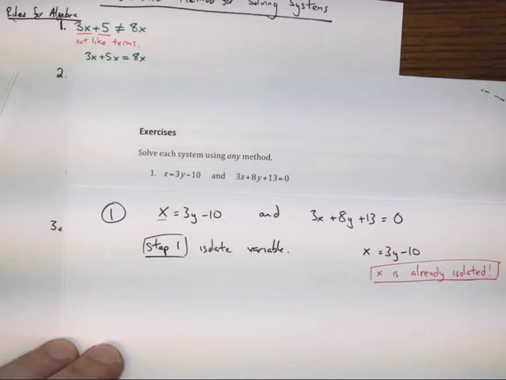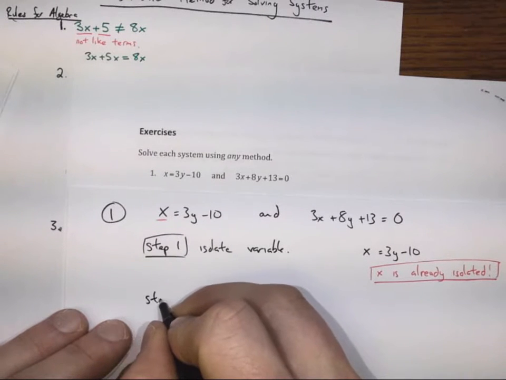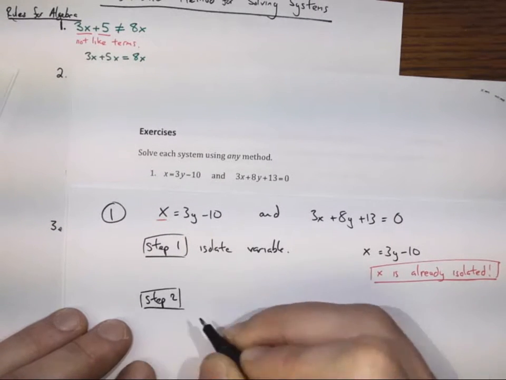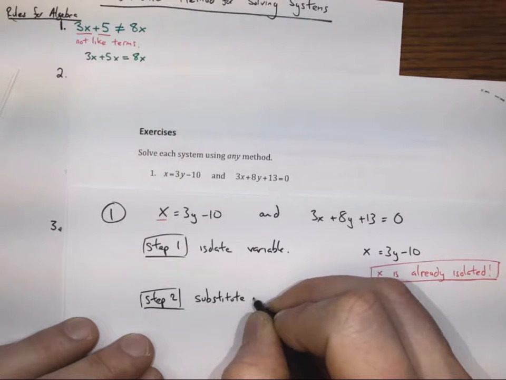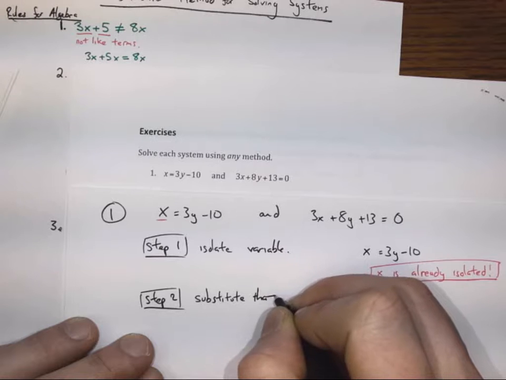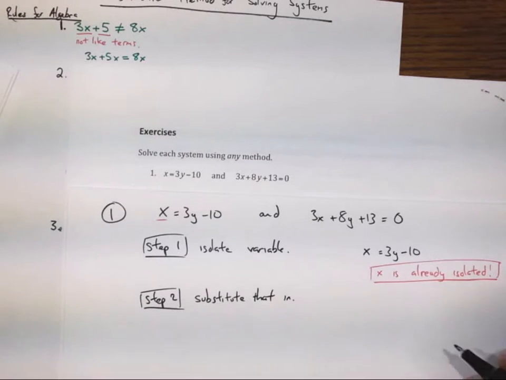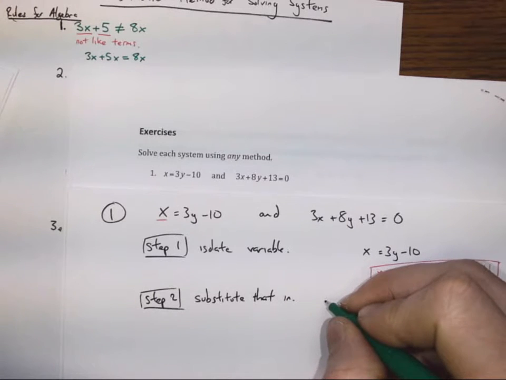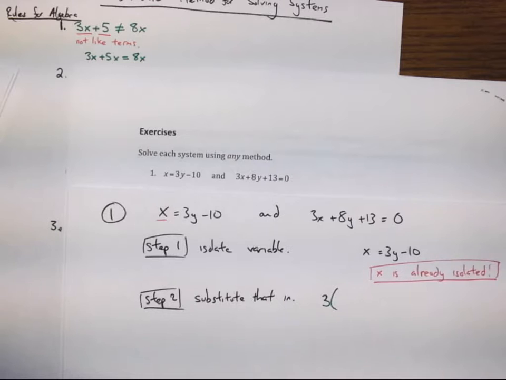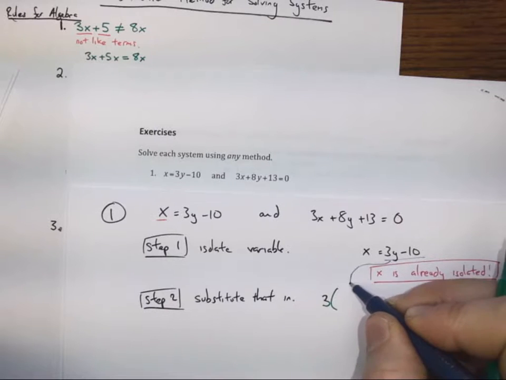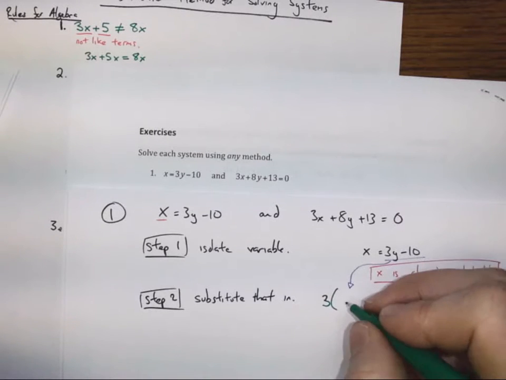All right, so then we move straight on to step 2, which is we are going to substitute that in. So that means we're going to rewrite the other equation, 3x, and we're going to place this 3y minus 10 inside the set of brackets.